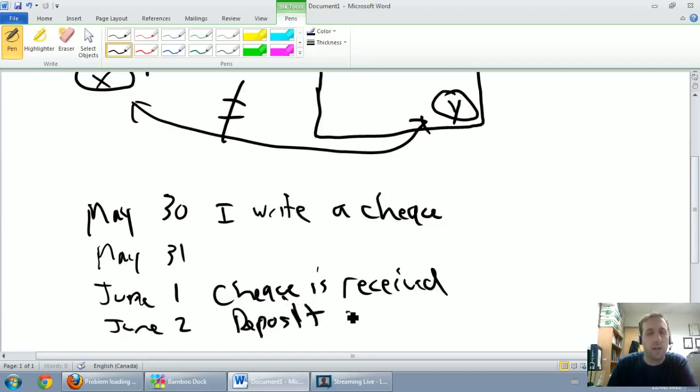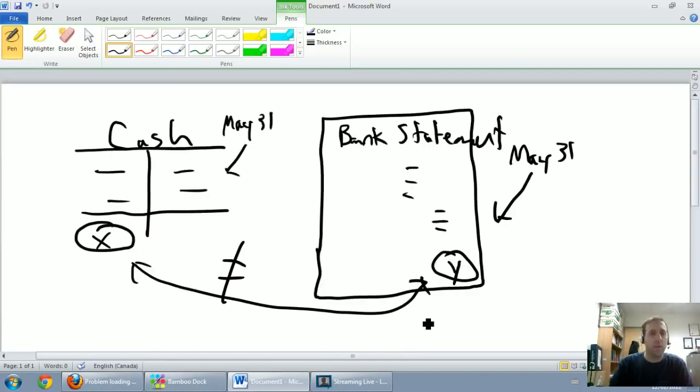They deposit the check on their end. Well, I hope you're able to see what's going to happen here. On my T account, on May 30th, all I've recorded is a credit to cash that I wrote a check, let's say for $100, to pay my hydro bill, my utilities bill. So I write a check for $100 on May 30th, it'll be in this T account, credit cash, $100.